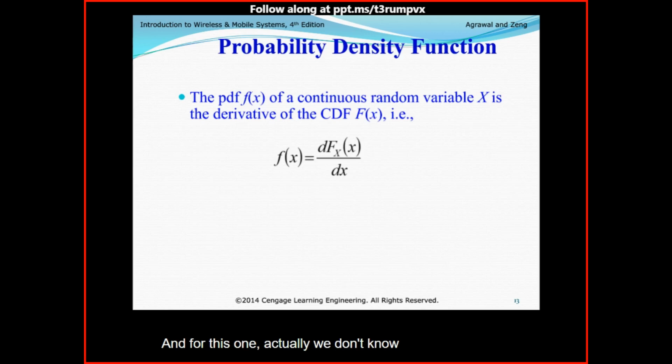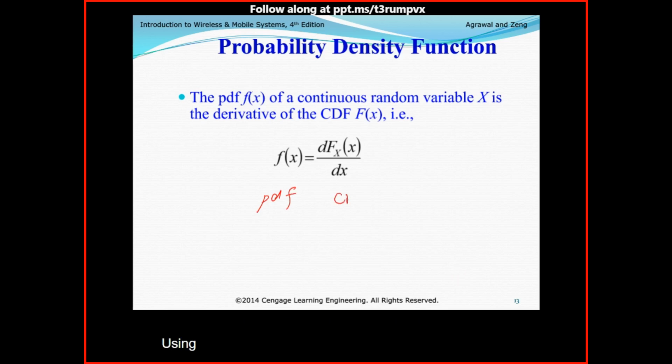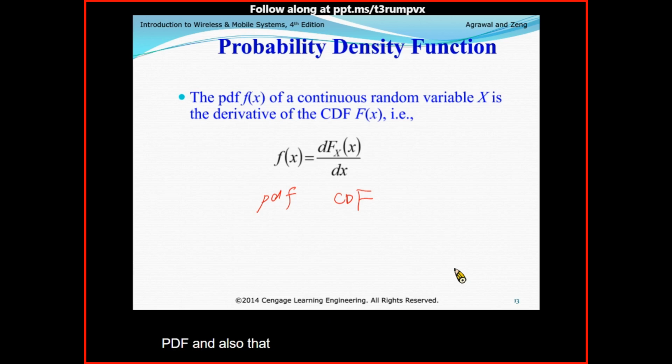If we want to find PDF using the differentiation, so CDF here, through differentiation, we can have PDF. And also that you have the relationship if we have PMF.